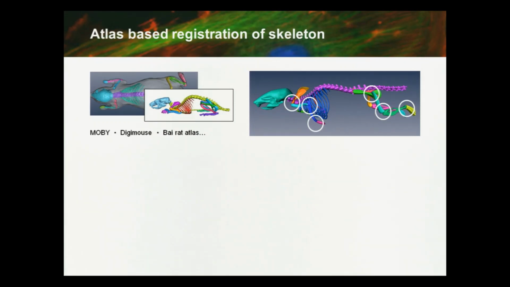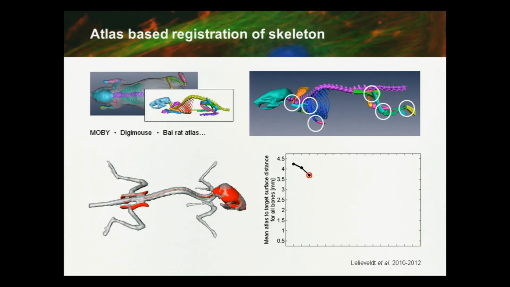If you have this mechanistic view of a mouse, you can use a standardized atlas to match every subject, every scan, or the bones that were segmented from it. You can make it match with the atlas. So that's what's shown here.